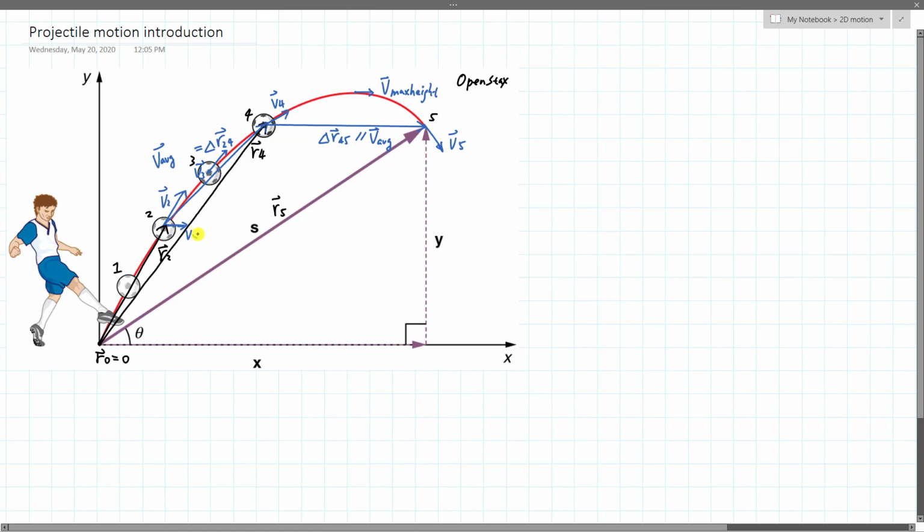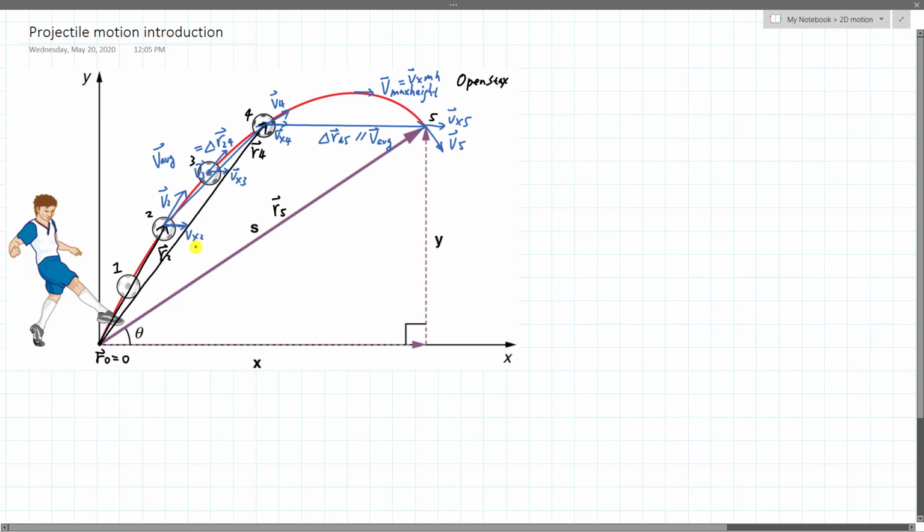This is Vx at 2, and the horizontal velocity of this, Vx 3, and the horizontal velocity of this, Vx 4. And this whole thing is Vx at max height, right? And here now on top, Vx5 or V5x, whichever version it is, it's fine.